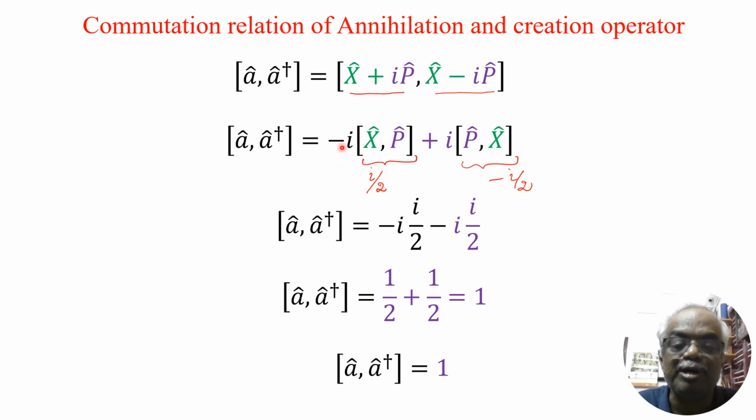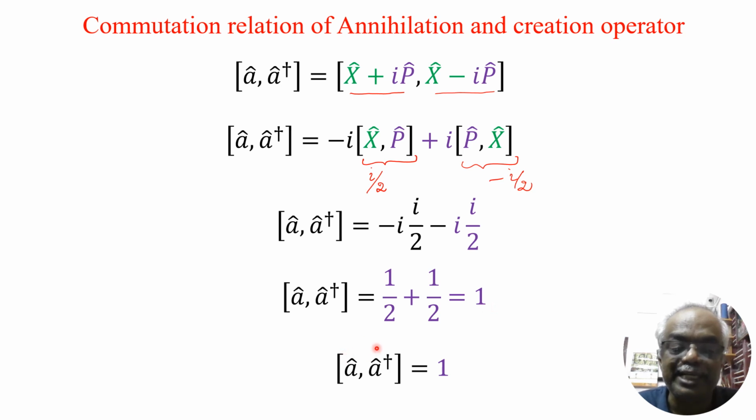So here you have already minus i over 2. Here you have plus i and minus i over 2. So i into i squared minus 1, minus of minus is plus 1. Same thing here, also plus 1. So 1 by 2 plus 1 by 2, half plus half is equal to 1.